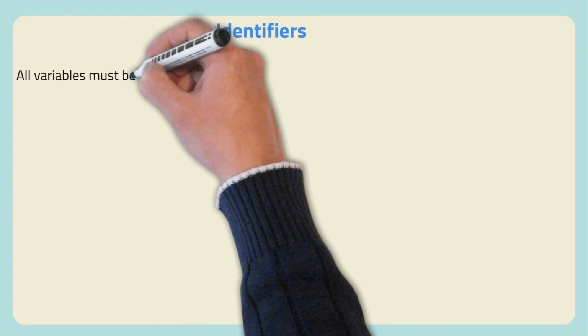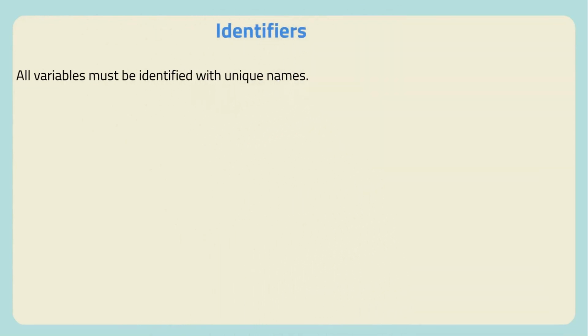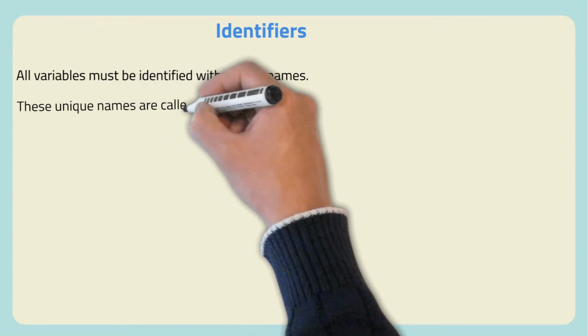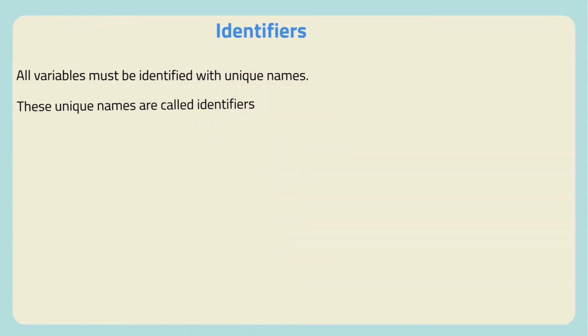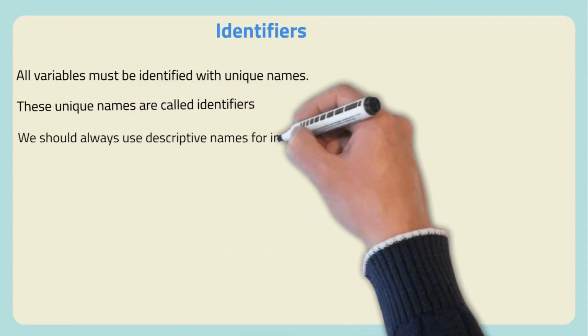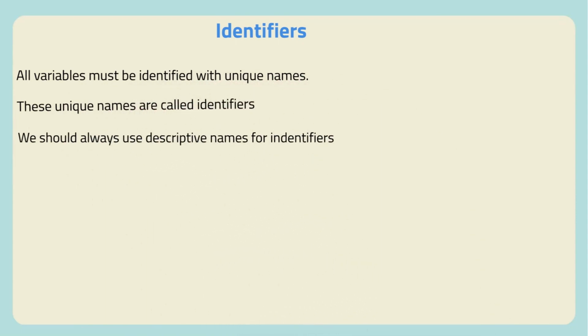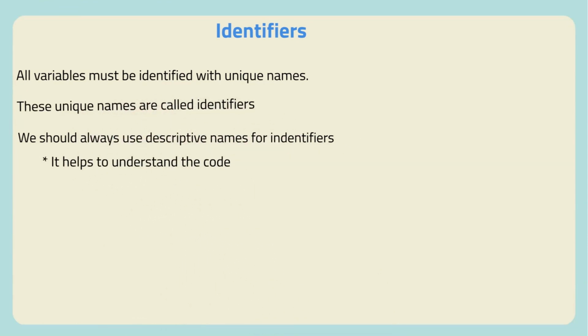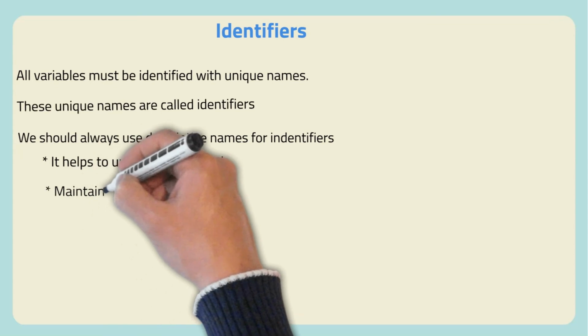Identifiers basically represent unique names that are given to a variable within a program. We should always try to use descriptive names for identifiers as it helps to understand the purpose of the variable, and the code is also easy to maintain.